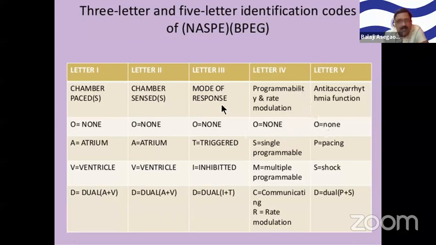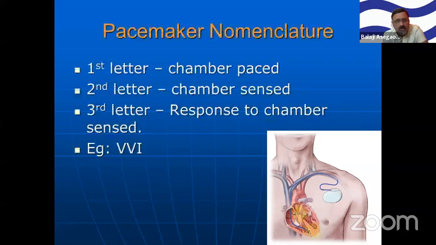Whenever a pacemaker has a certain name, if you read this name carefully, you yourself can draw the conclusion: which chambers are paced, whether they are sensed or not, and how is the response. For example, if a VVI pacemaker is inserted, it means the ventricle is paced, the ventricle is sensed, and the response will be inhibitory.